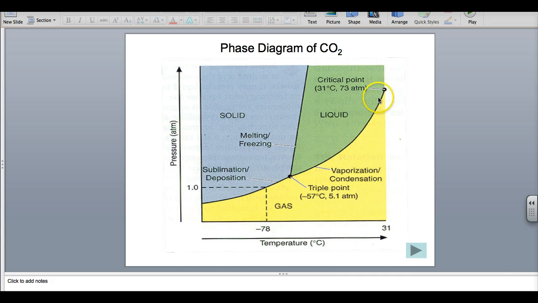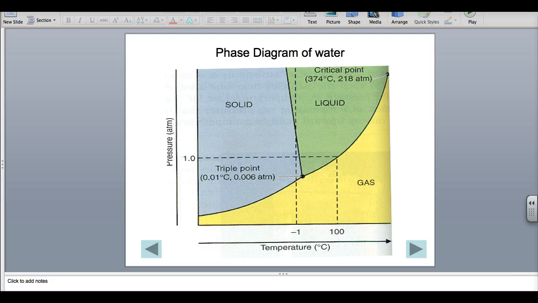But before I get there, I just want to compare the phase diagram of CO2 with water. There's a couple of differences to look at. So let's move on to the next slide, so to speak. So here's the phase diagram of water. And you notice its triple point, as we talked about, is lower than 1 atmosphere.